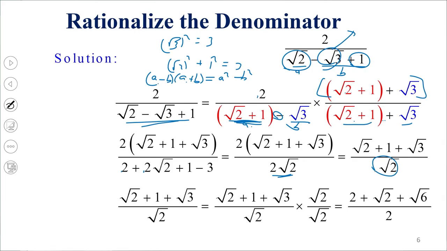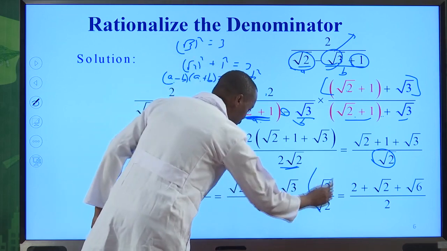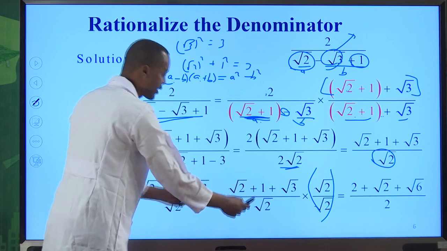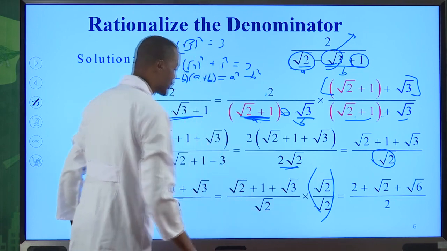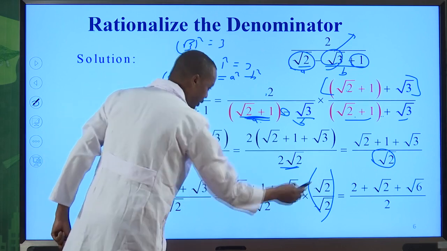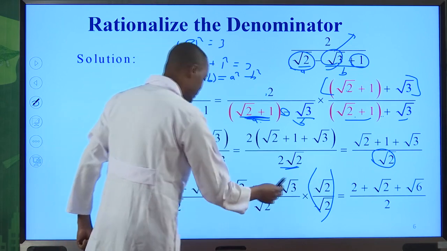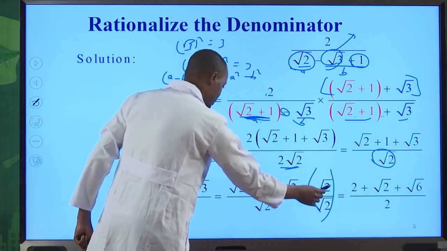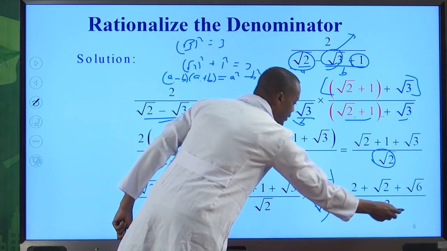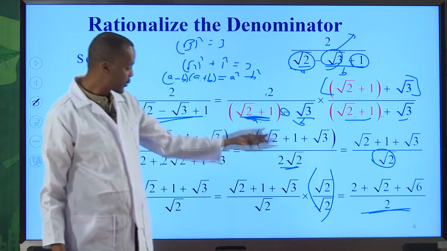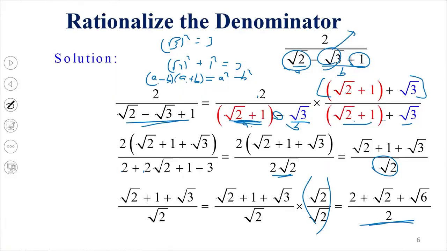So in order to achieve that, I have to multiply by root 2 over root 2, this final expression, because root 2 over root 2 is 1. So when I do so, root 2 times root 2 is 2, root 2 times 1 is root 2, and root 2 times root 3 is root 6. So this is the final answer, 2 plus root 2 plus root 6 divided by 2.